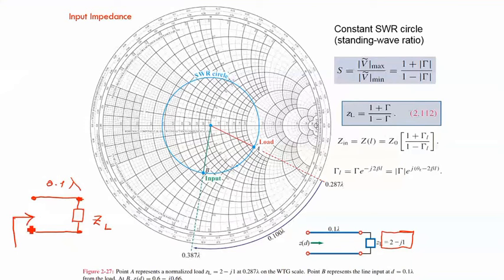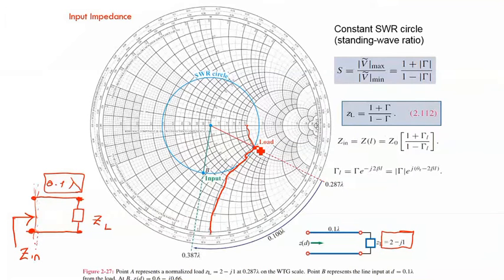So what is the value of input impedance Z in at this point? हमें ये मालूम करना है, तो इसको स्मिथ चार्ट से किस तरह करेंगे? Again, this is the imaginary part, and this is the real.